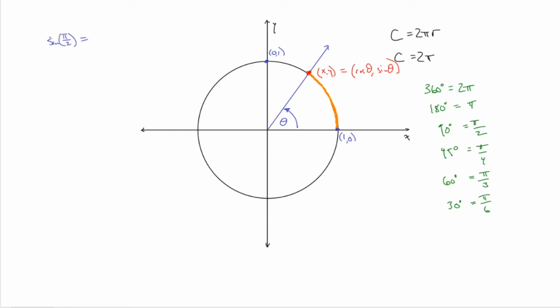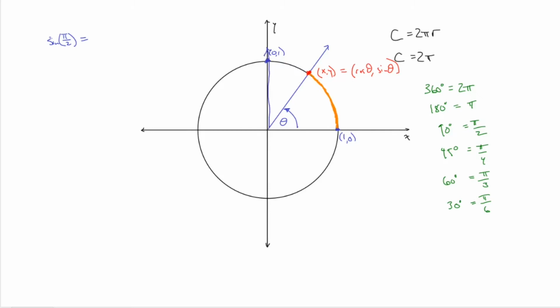So, for example, I could ask you now, what's the sine of pi over 2? Well, pi over 2 is 90 degrees, or you could think of it as a quarter of the way around the circle, because the full way around the circle is 2 pi. So we're talking about this angle right here. Sorry for drawing it so sloppy.